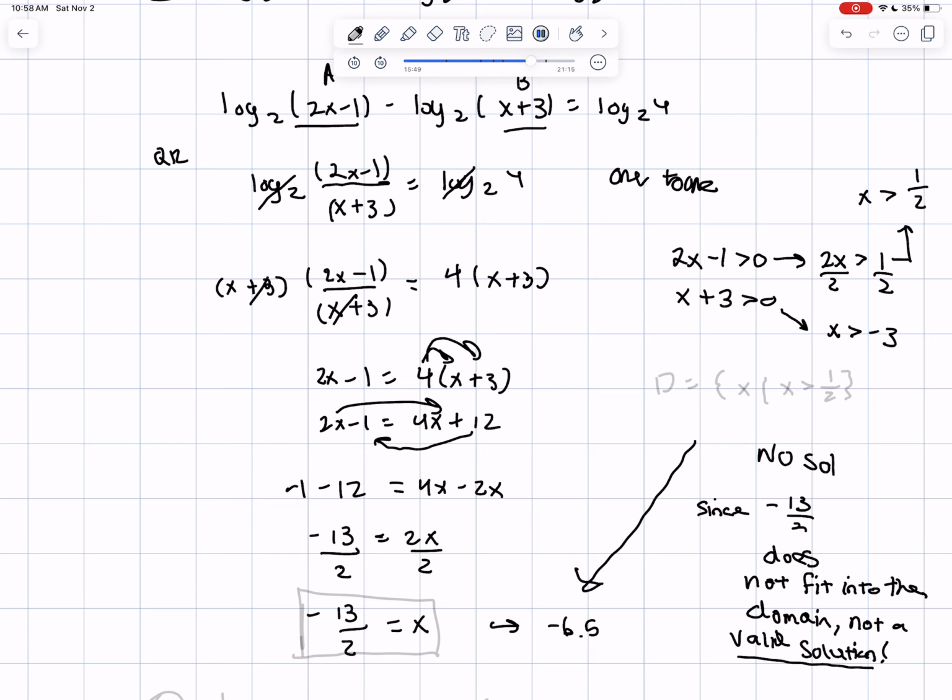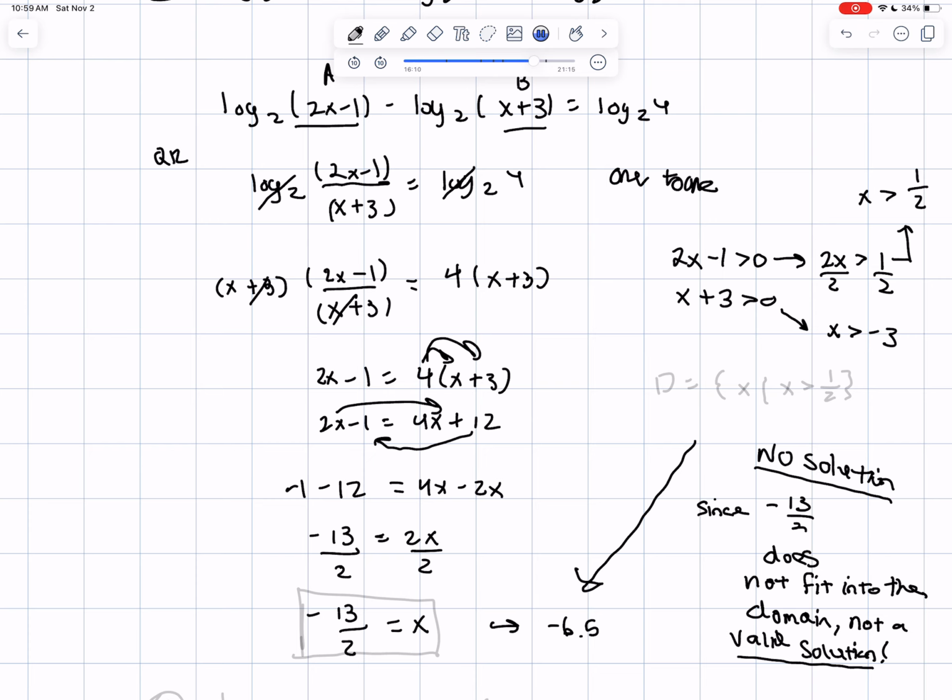Well, the domain for this one can be a little bit confusing, so we have to kind of evaluate it.